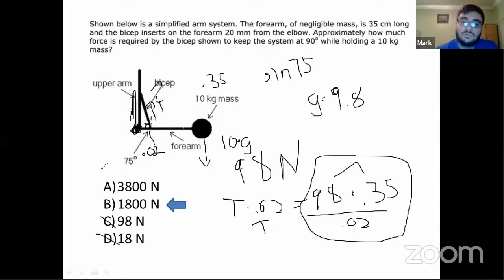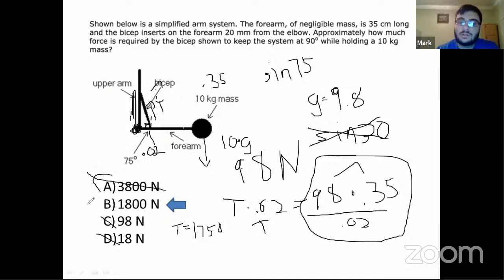The tension you would get if it was flat would be about 1750, if I remember right. To get 3800 you'd need to divide by 2, so you'd need a sine of 30 to get A as your answer. Sine 75 is nowhere near sine 30. It's much closer to sine 90, which is 1. So B is the only choice close.